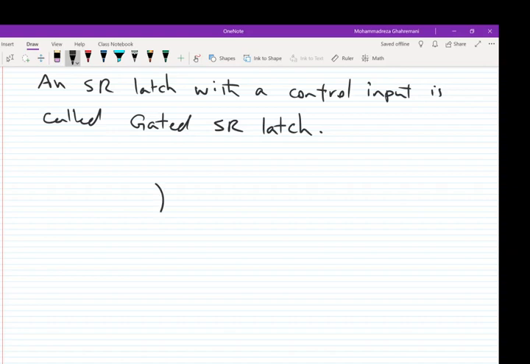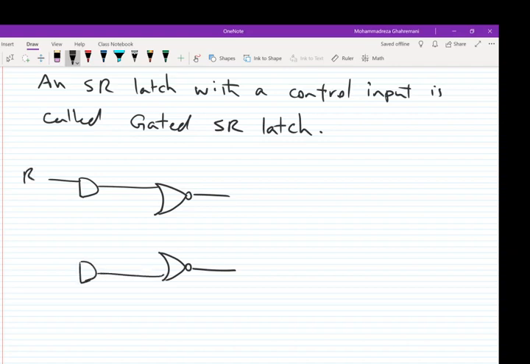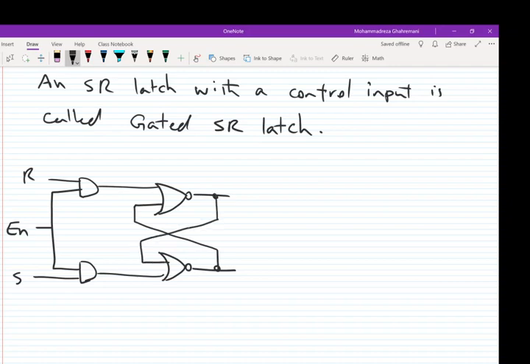First, I show it with a NOR gate and then with a NAND gate. Q and Q bar.